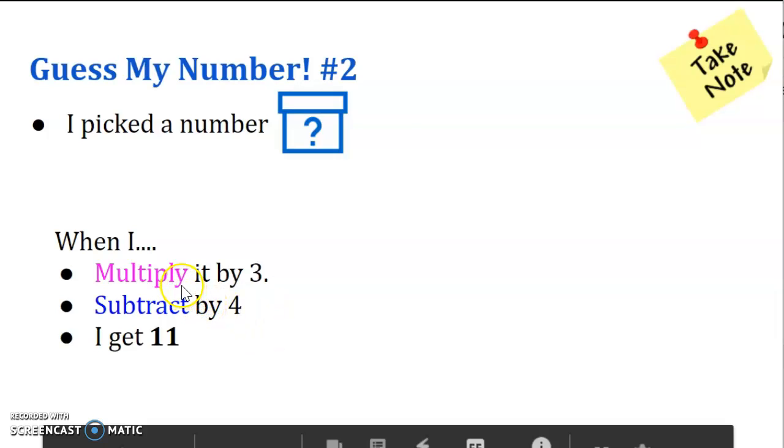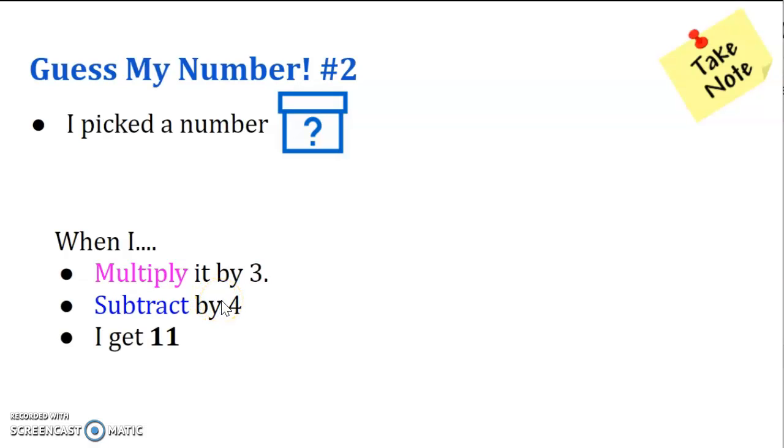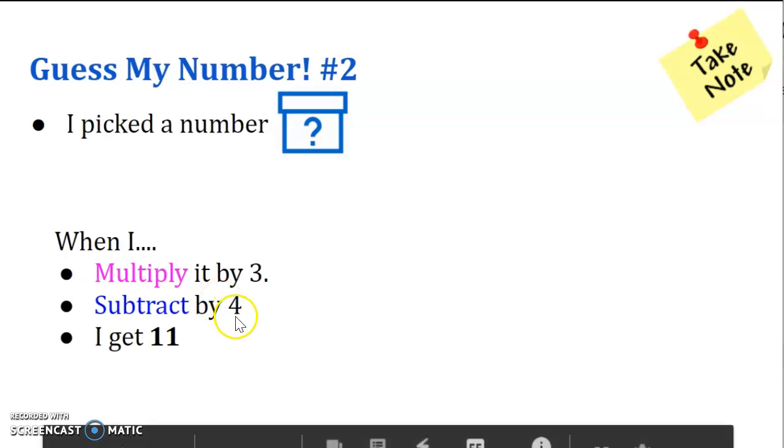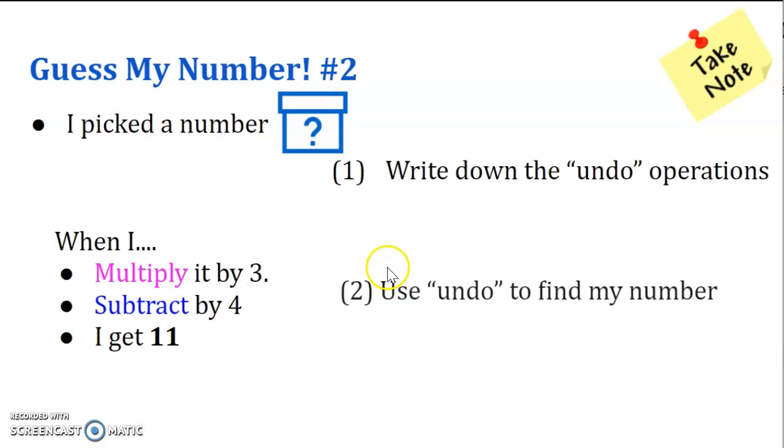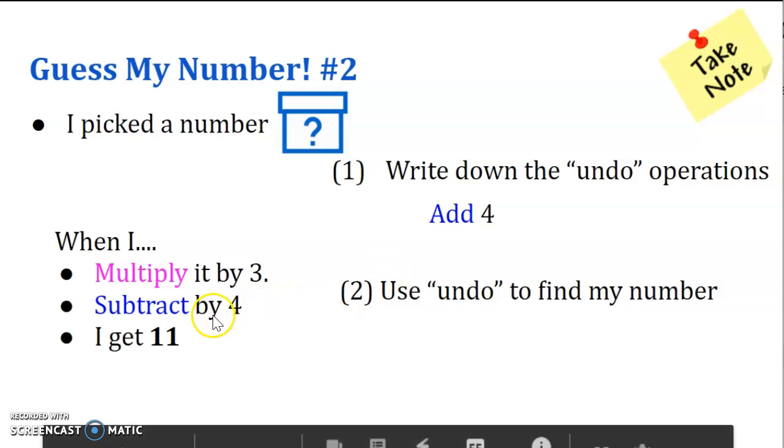So just like taking your shoes off first in order to take your socks off, you need to do it in reverse order. So I am going to undo subtract by 4. How do I undo subtract by 4? I need to add 4 to it.